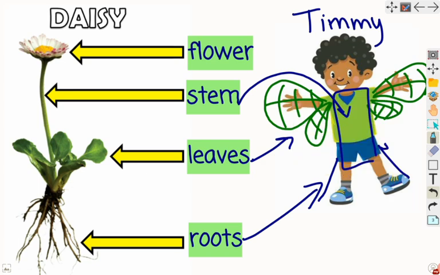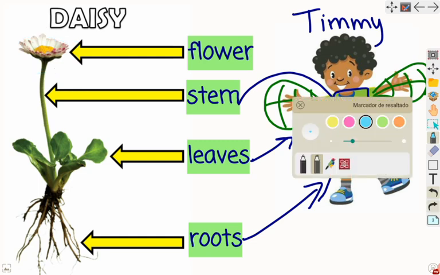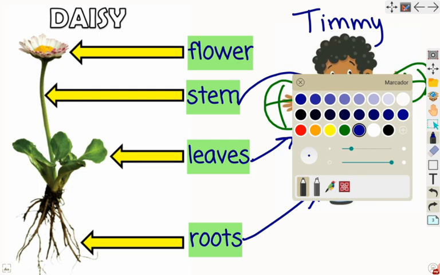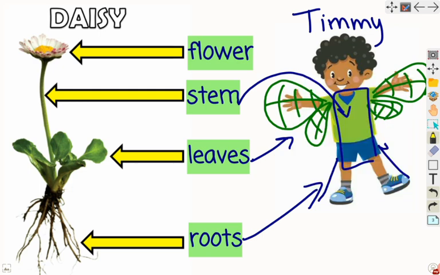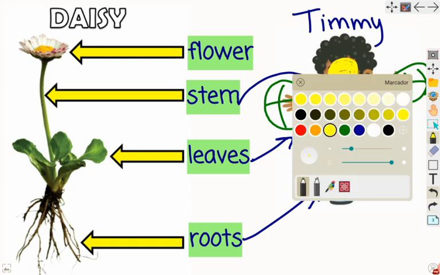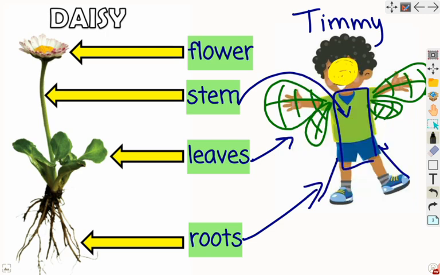Let's see. So the roots, the leaves, and the stem. And what about the flower? The flower, where is the flower? I think the flower could be his head. Don't you think so? I'm gonna color this in yellow. And some petals all around.